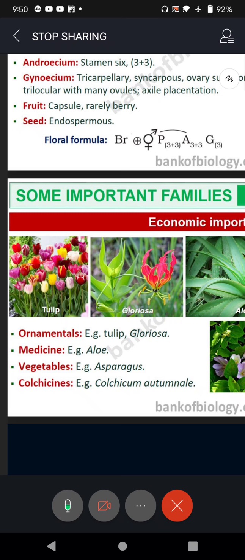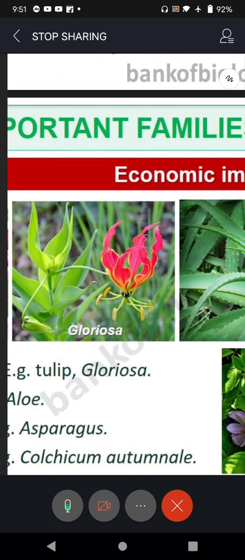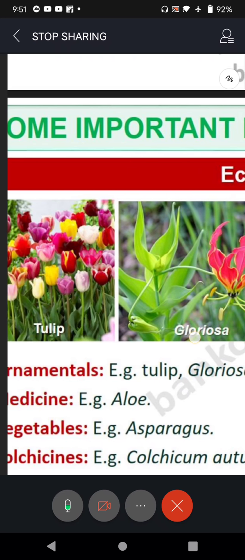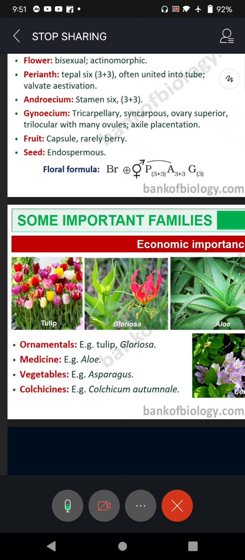And another one that you must be growing in your own home, Gloriosa, this flower, very beautiful flower with the colorful petals, isn't it? And then the one that you are using, particularly in villages, aloe vera, this is used in all Ayurvedic medicines. Nowadays, even the allopathic medicines, they are extracting liquid from that.